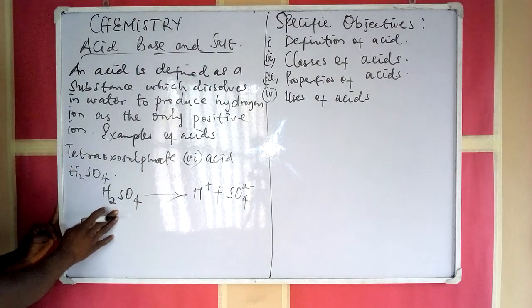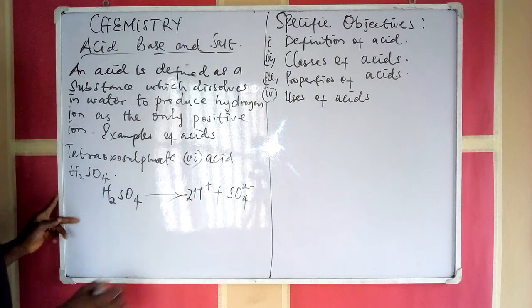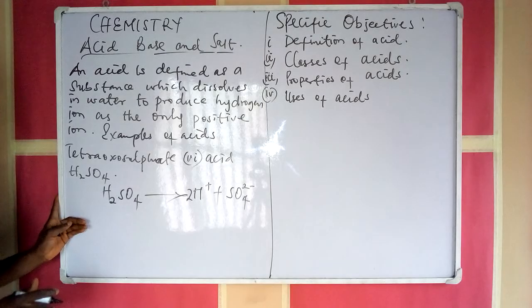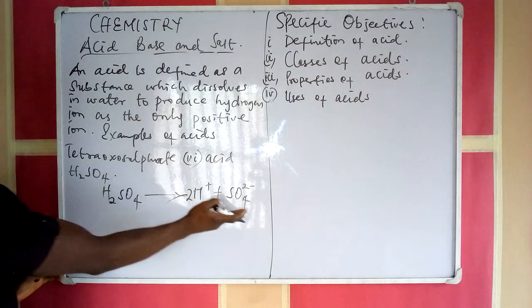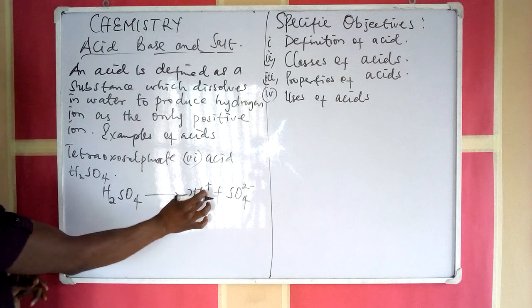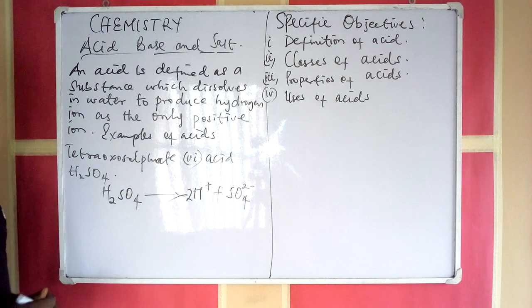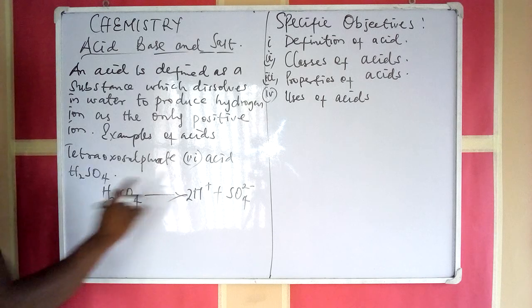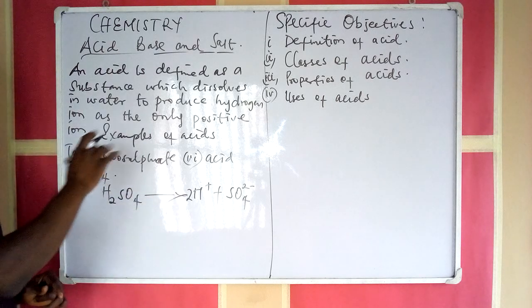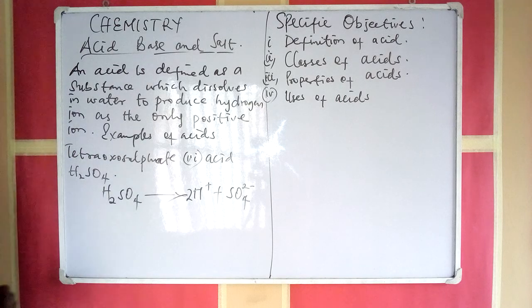Now we balance it: here we have 2 atoms of hydrogen, then we should also have 2 here. Hope that is clear. Now, if you look at this equation, you discover that at the right hand side, we have only one positive ion. What is that one positive ion? Hydrogen ion. That is why our definition says that an acid is a substance which dissolves in water to produce hydrogen ion as the only positive ion.